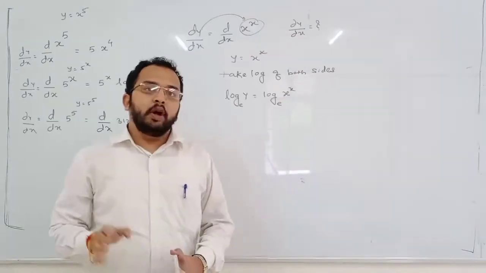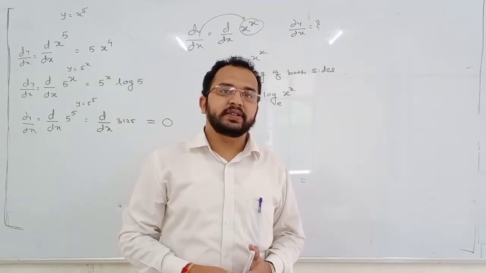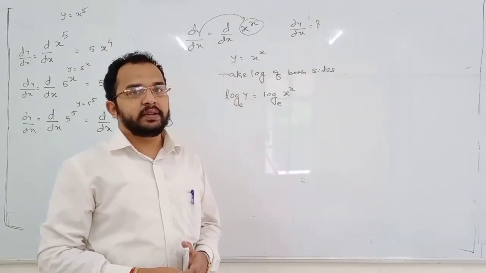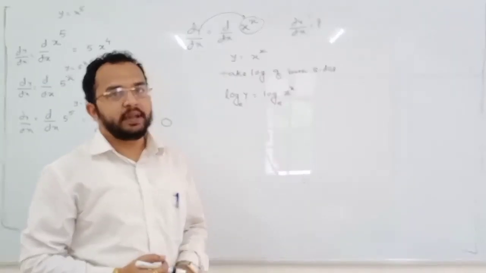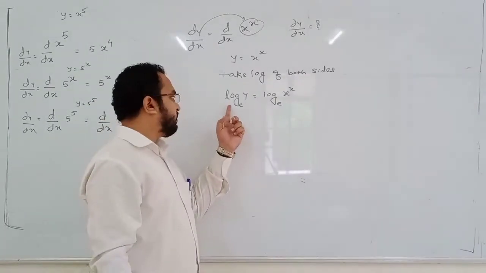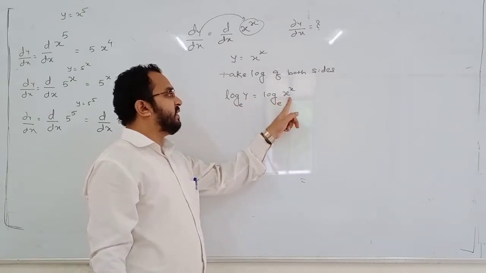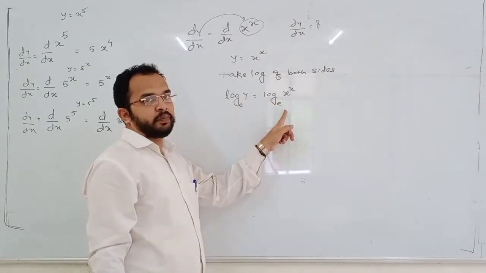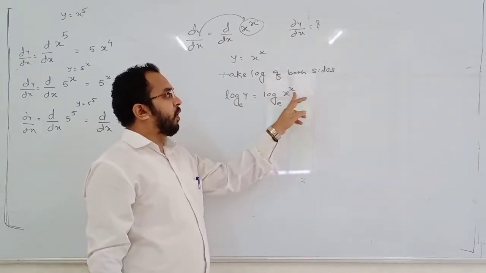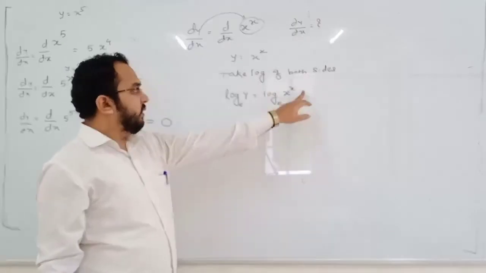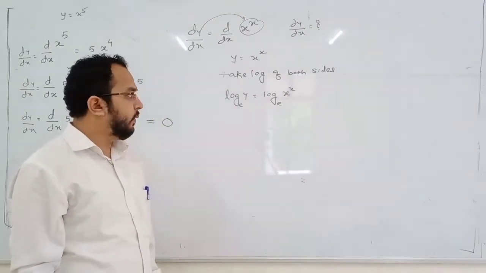In the logarithm chapter I have told you log cannot exist without index and base. So index should be there, base should be there. For this, log y, y is the index and e is the base. For this, log x, x is the index and e is the base. So this x is the power of the index, and we have studied the alpha rule.